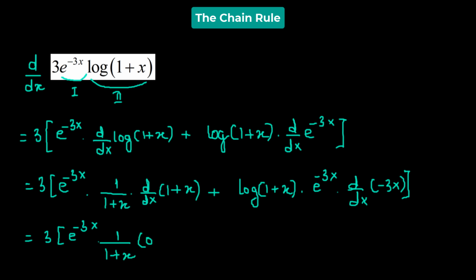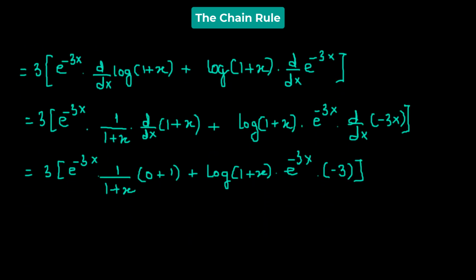The derivative of 1 is 0 plus the derivative of x is 1, plus log of 1 plus x times e raised to the power of negative 3x multiplied by the derivative of negative 3x, which is simply negative 3.